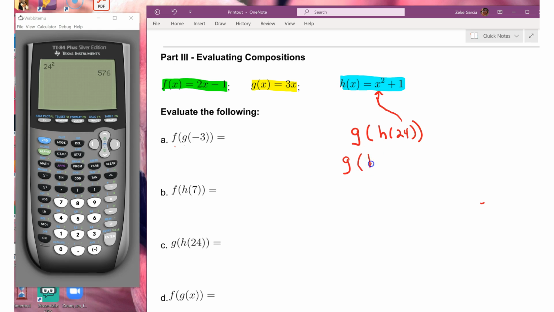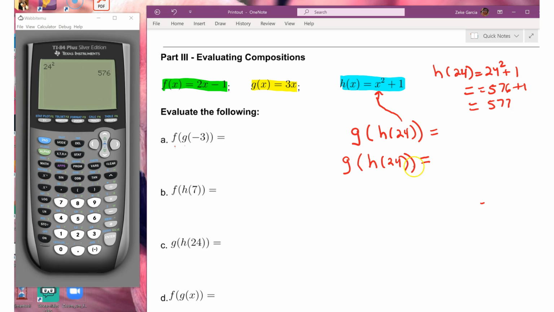G of h of 24 equals, so what you're going to have to do is h of 24 equals 24 squared plus 1. 24 squared is 576 plus 1. So h of 24 is going to be 577.